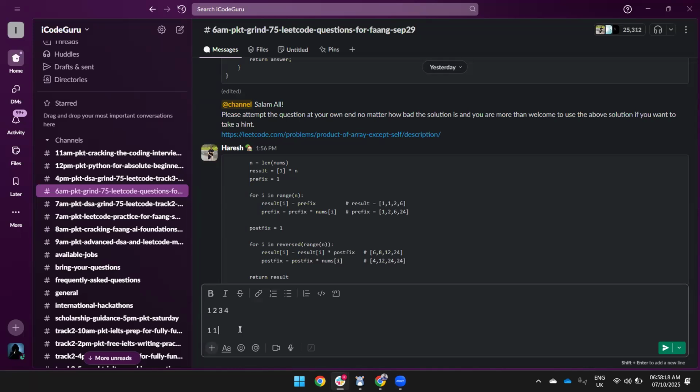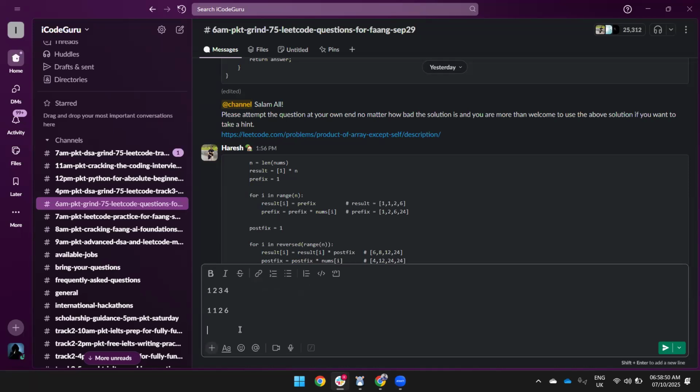When we come to index 2, we multiply the previous ones, so it will be 2. And when we move to index 3, we skip it and multiply the previous ones. This will be 6. Is this clear? Yeah.